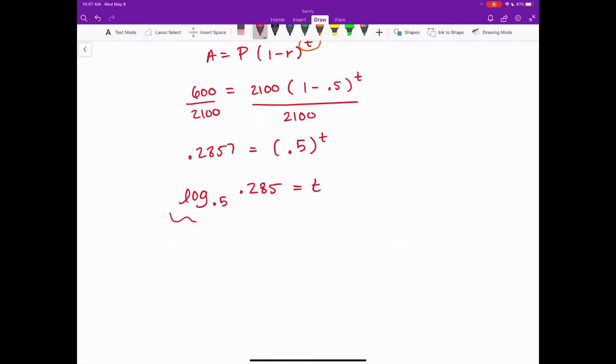In order to figure out what t is equal to, I just have to evaluate that, and I can do that using the change of base formula. I'm going to pick a new base of 10 and say log base 10 of 0.2857 divided by log base 10 of 0.5, my original base. Again, I'm just going to highlight these so we see where those numbers are coming from.